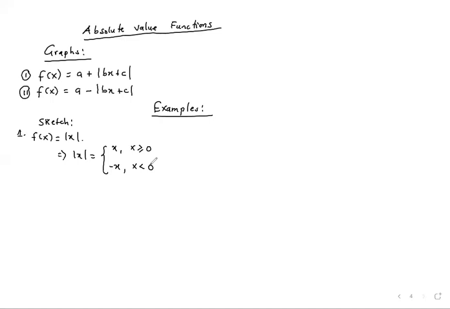What does this mean? If you have 2, the definition is just 2. If you have negative 3, because negative 3 is less than 0, the definition will be negative multiplied by negative 3, so that we obtain a 3.